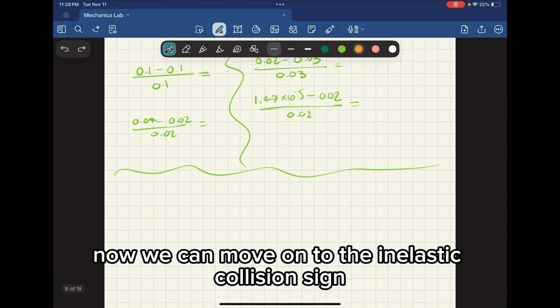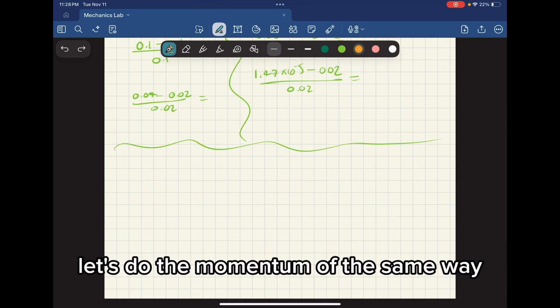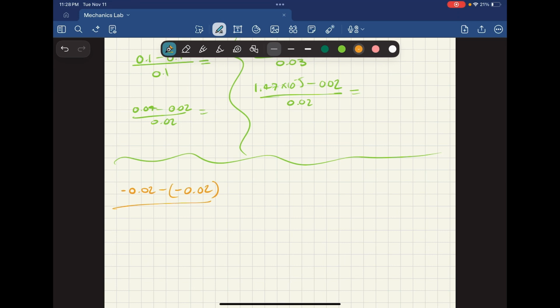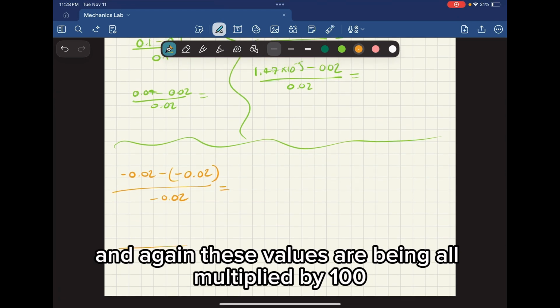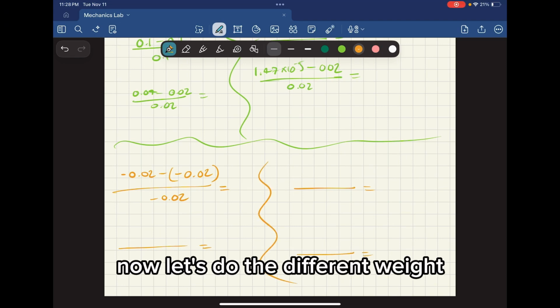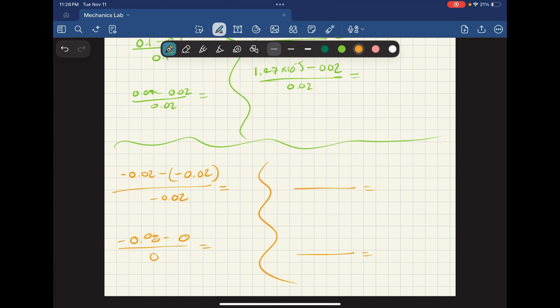Now we can move on to the inelastic collision side. For the inelastic collision side, let's do the momentum of the same weight. And again, it's just going to be negative 0.02 minus 0.02. And again, these values are all being multiplied by 100. All right, cool. So that was the same weight. Now let's do the different weight, where it's going to be 0.08 minus 0 divided by 0.